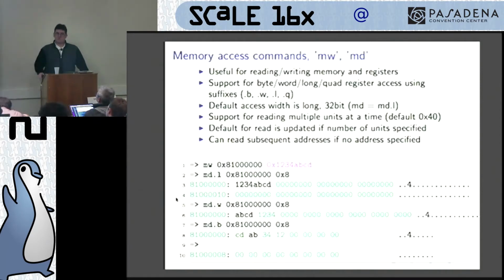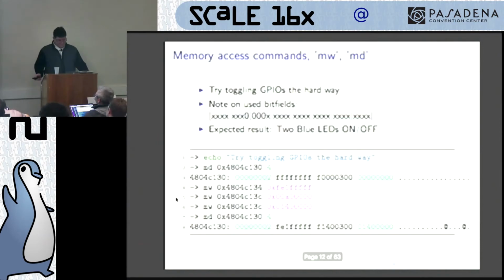If you press enter one more time, it will dump that many data again. So you can do MD some address, okay, but I want to read some more, enter, it will read some more, and so on. This way you can keep dumping the memory. You can actually see it at the end here. So this is just a matter of pressing enter here.